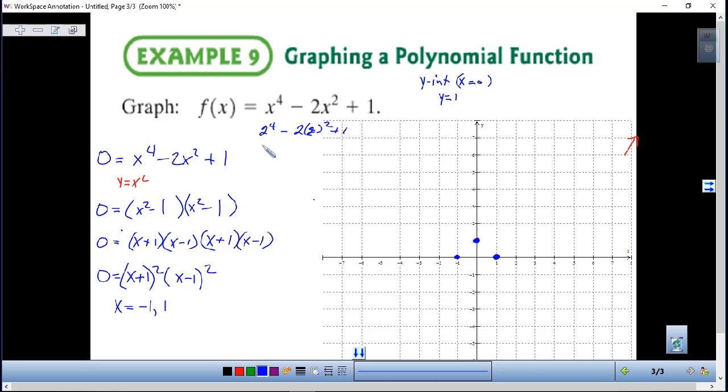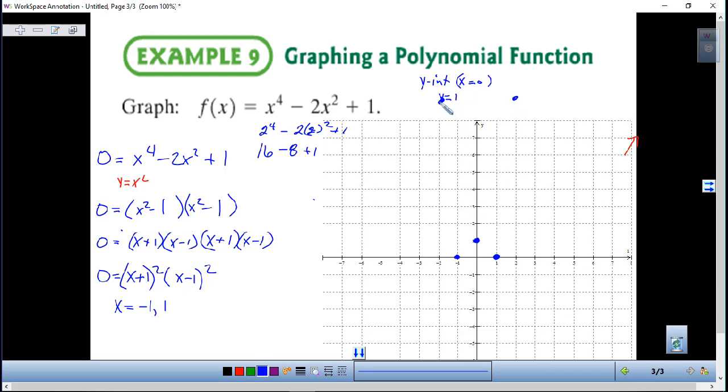Well, 2 to the 4th is 16. 2 squared is 4 times 2 is 8, and then plus 1. 16 minus 8 is 8. 8 plus 1 is 9. So that means at 2, I'm going to go way, way, way up here already. And by symmetry, I have that same point over here on the other side of the y-axis.